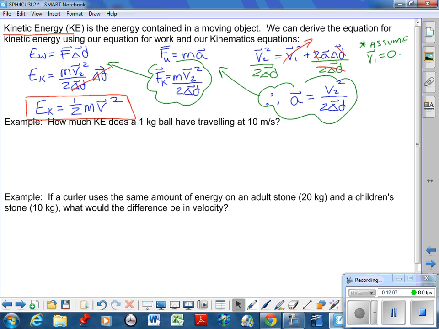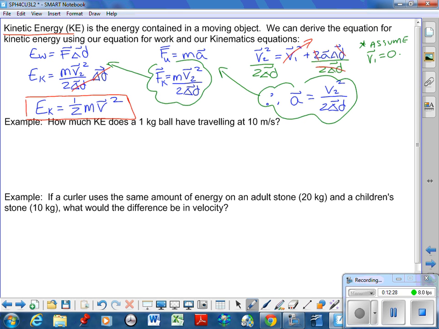So how does kinetic energy work? So how much Ek, I'm looking at the example now: how much kinetic energy does a 1 kilogram ball have traveling at 10 meters per second? So a 1 kilogram ball, roughly the size of a softball, 10 meters per second, that's about 36 kilometers an hour.